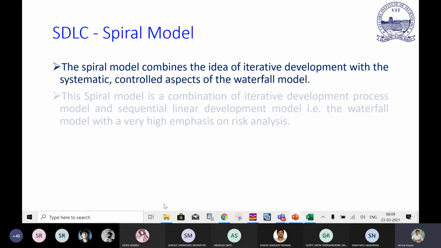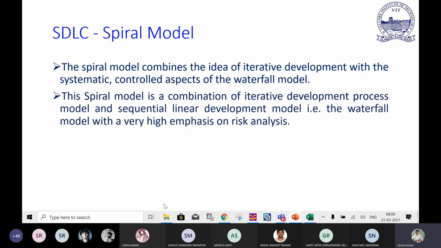It's like that. The spiral model is a combination of the iterative development process model and the sequential linear development model, right? So the iterative model, we have studied, where several parallel groups of people are working, and finally people decide which one is good. And the sequential linear model, you can say like the waterfall model.